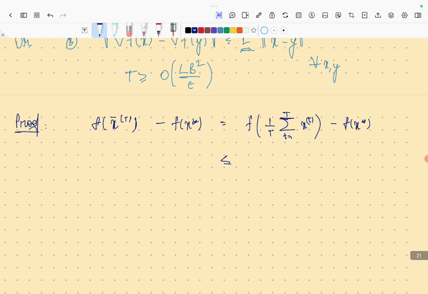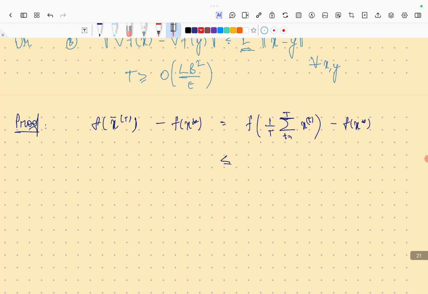Now I know that the function f is convex. That's what we assume. So what kind of a quantity is this inside? Convex combination. So the term inside is a convex combination of the xt's.